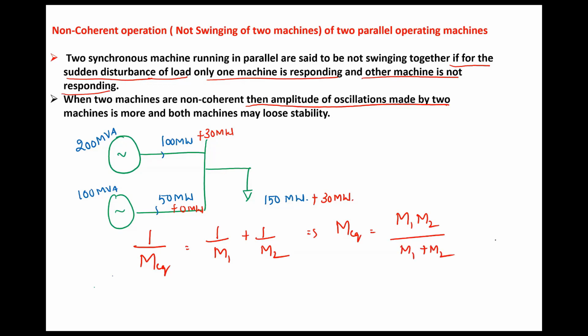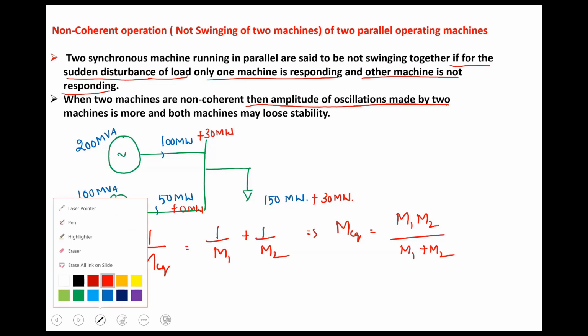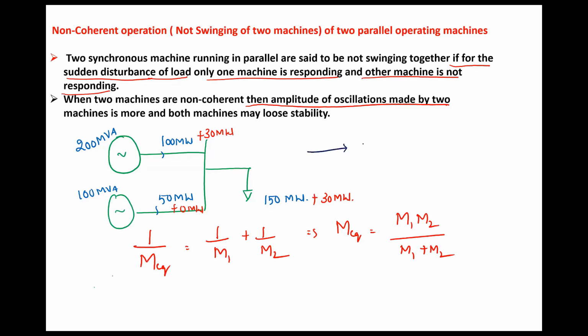Okay, so when the two machines are not swinging together, we can treat them as a single machine which is having this M equivalent value. So here the overall angular momentum of the two machines is getting reduced. So if the M equivalent value reduces, then what will happen? The oscillations made by their respective rotors will be very high, and the chances of losing stability are more for both the machines.